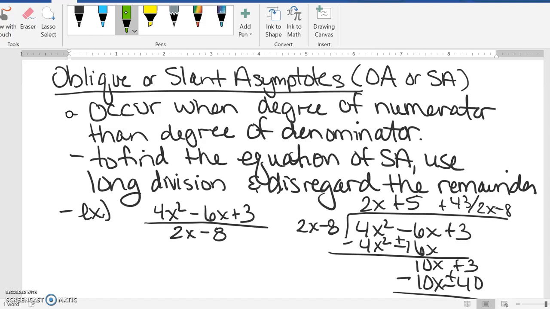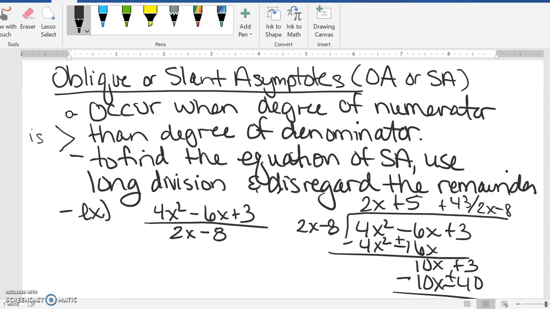It will occur when the degree of the numerator is higher. I see I left that word out. They occur when the degree of the numerator is greater than the degree of the denominator.